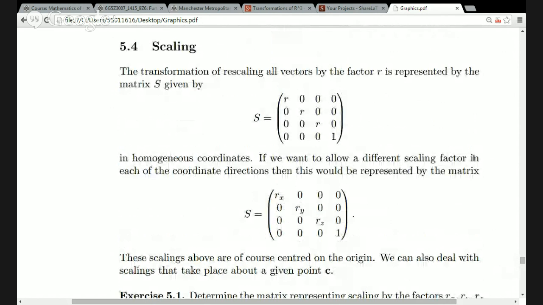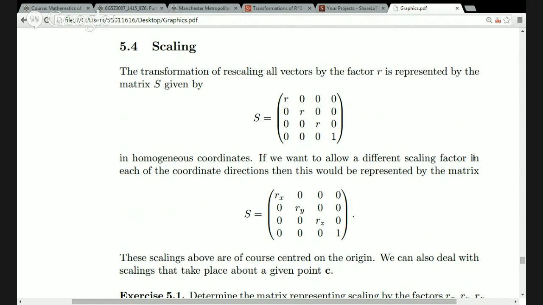Similarly, a scaling matrix, if you want to rescale all vectors by some scaling factor r, will be represented by this scaling matrix here. Multiplying any column vector by this matrix S will have the effect of rescaling all the components by the factor r. Now that's where you're rescaling equally in the 3 coordinate directions.